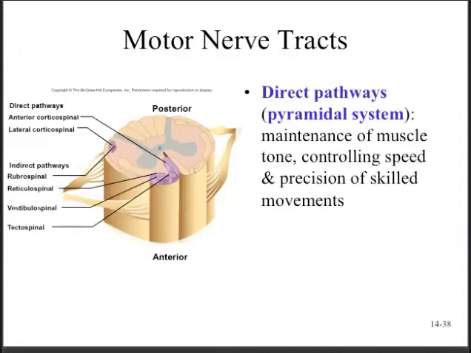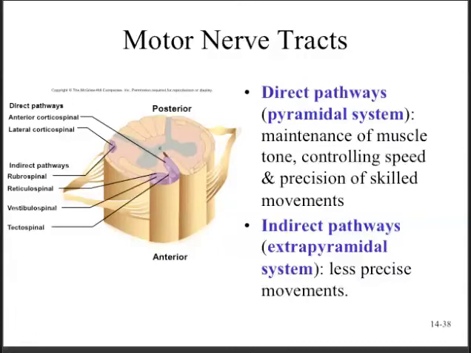Now, the direct pathways, which are called the pyramidal system, are involved in the maintenance of muscle tone, the control and the precision of skilled movement. And again, these are descending pathways, and this information as it exits the spinal cord is efferent information. The indirect pathways are less precise movements, and it's thought that the extrapyramidal system is a more primitive method of motor control than the pyramidal system.